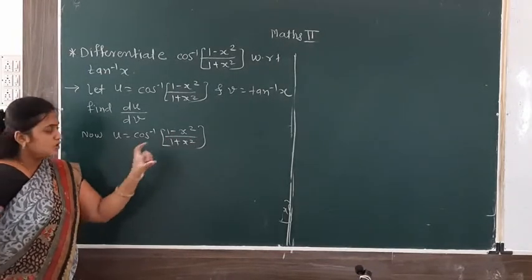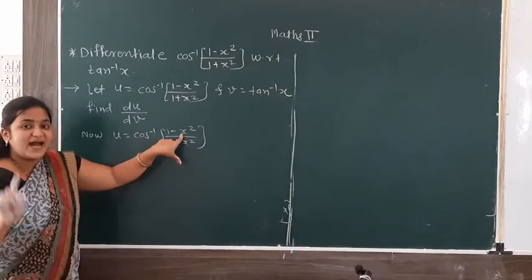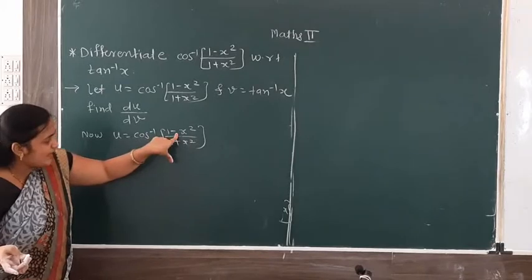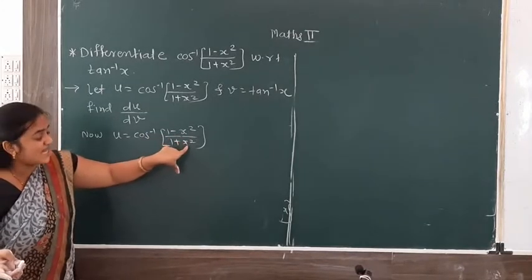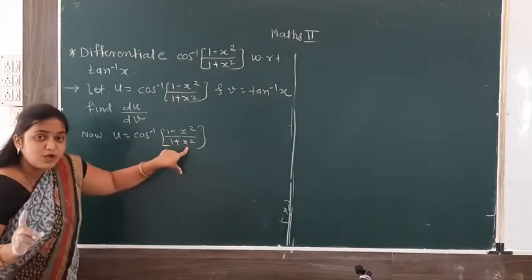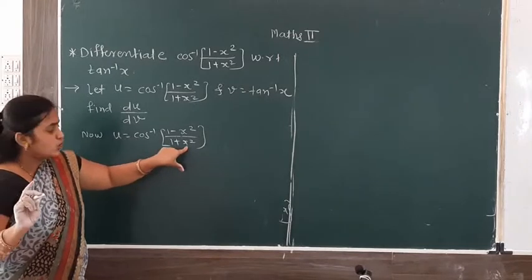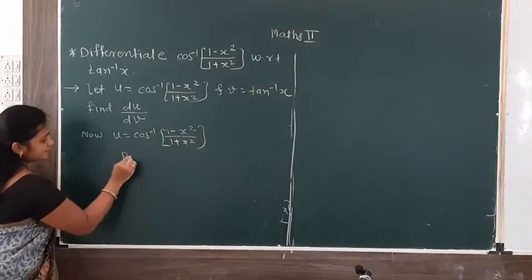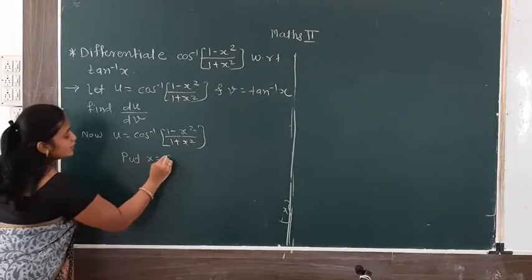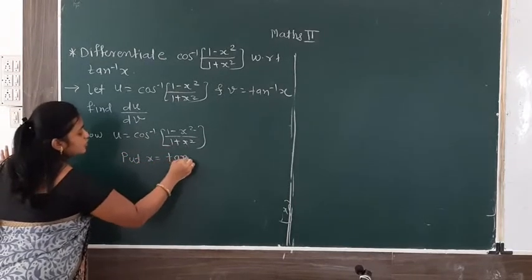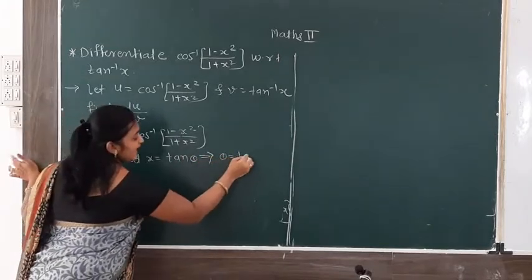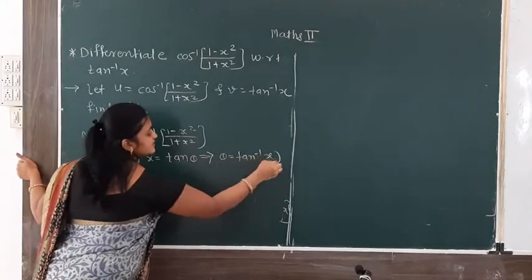Which term? This x is replaced by tan theta. Then we get the formula 1 minus tan square theta divided by 1 plus tan square theta, which is the formula of cos 2 theta, so it is easy to convert into a cos term. So put x equal to tan theta; then theta is replaced by tan inverse of x.